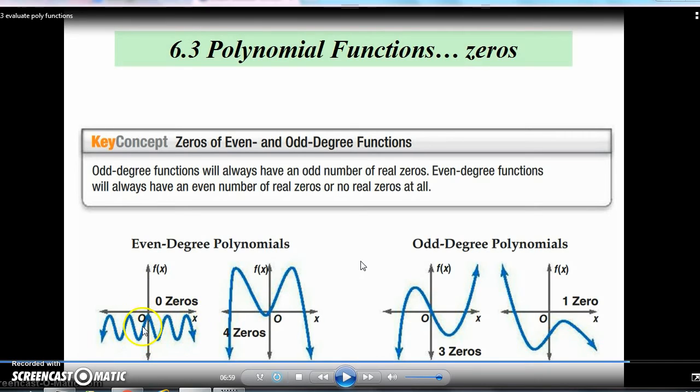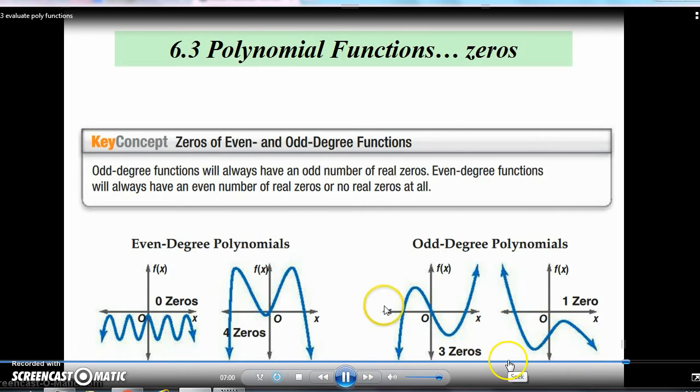So this would be no real solution. Or we can get it to cross, if the ends began above or below it and ended up crossing. So those are the possibilities. You can have 0 all the way up to the maximum possible degree, or for your odd degree, you have 1 and then all the way up to its degree for its zeros.